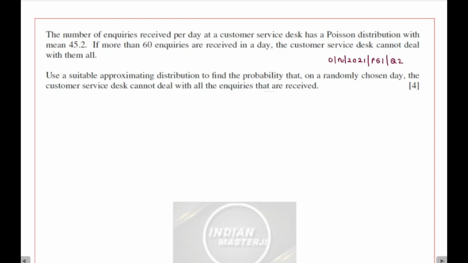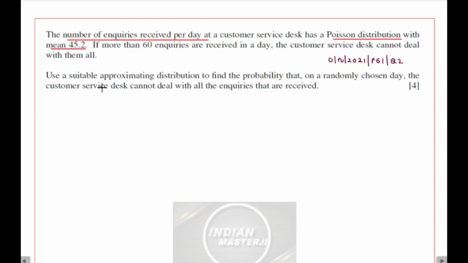So today's question which we have taken is from paper October-November 2021, Variant 61 and the question number 2. Let's read out the question. The number of enquiries received per day at a customer service desk has a Poisson distribution with a mean of 45.2.